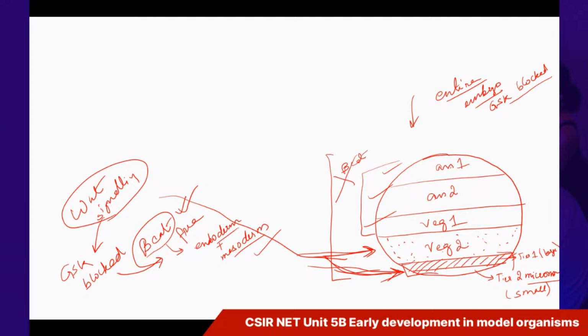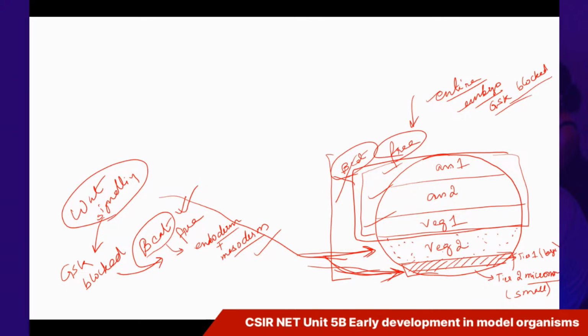But now, since in the entire embryo GSK is blocked, even in these cells beta-catenin will be free.